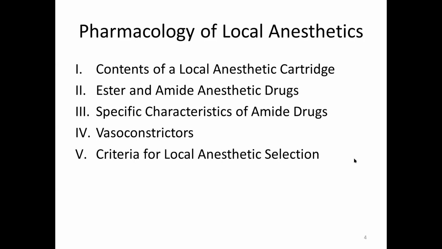So it's recommended, you can use it on pediatric patients. It is safe for pregnant women for most procedures, and it has an intermediate action.